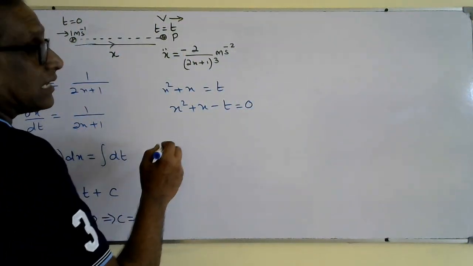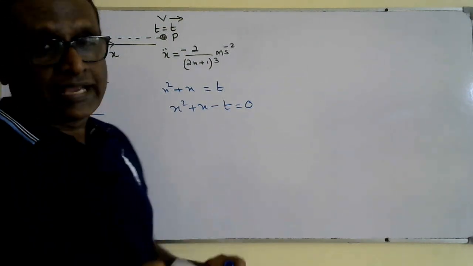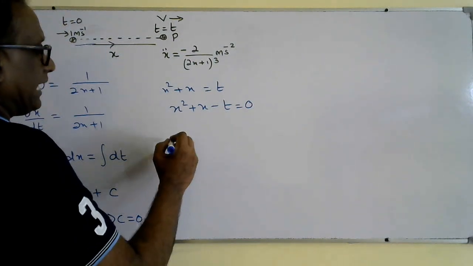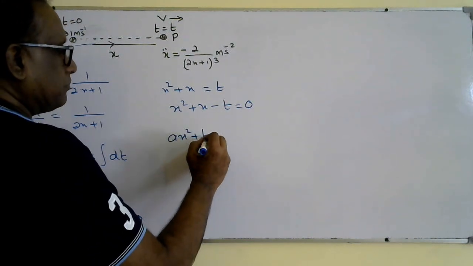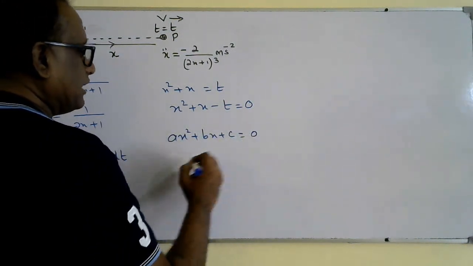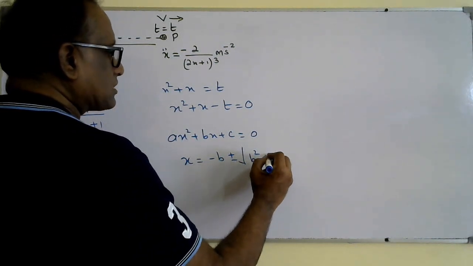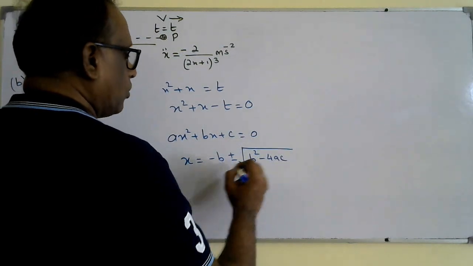So we can find the x in terms of t by using this standard format. For ax squared plus bx plus c equals 0, we know that x equals minus b plus or minus the square root of b squared minus 4ac, over 2a.